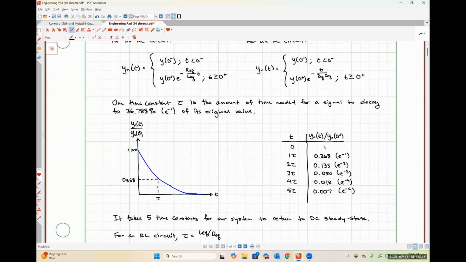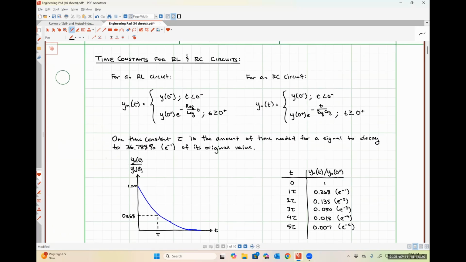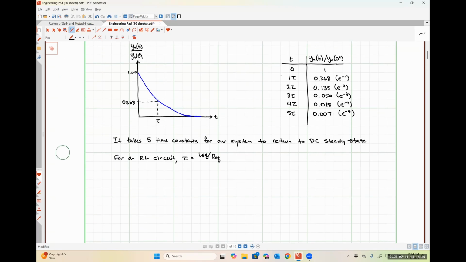So if we look up here really quickly, if we substitute in t is equal to LEQ over REQ, then we have REQ times LEQ over REQ, which is literally just 1, okay? So it's not anything mind-blowing going on here. We're just looking for the value of time that makes that exponential look like e to the minus 1, okay?